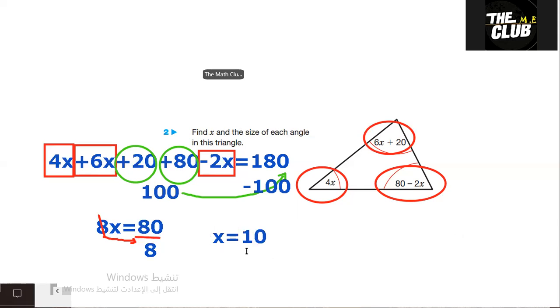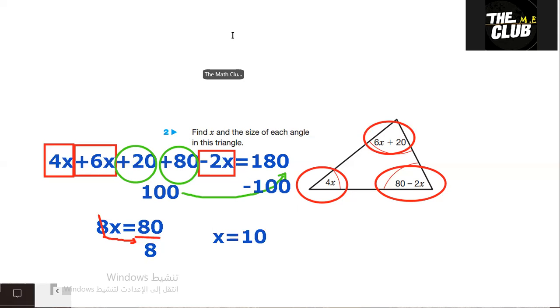I found the value of x. Again, how did we find x? We wrote all of these and added them together and made it equal to 180, because the sum of angles in any triangle is 180. And at the end, I found the value of x, which is 10.